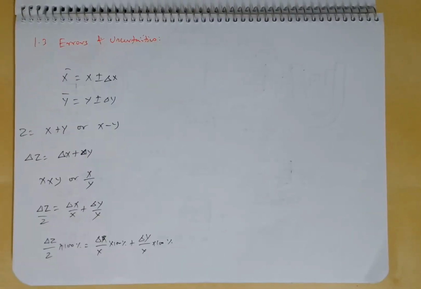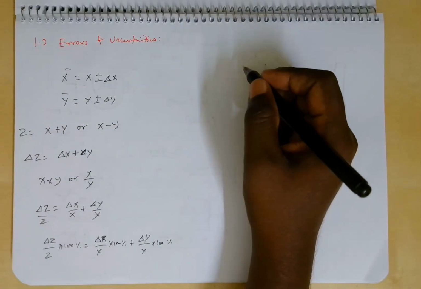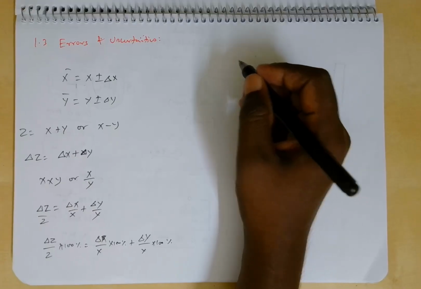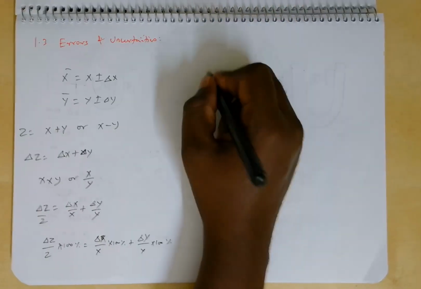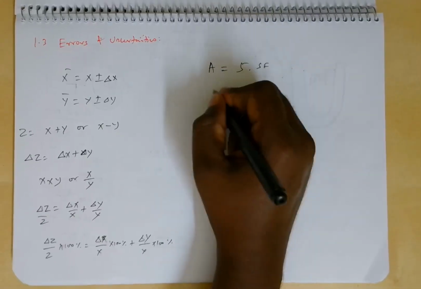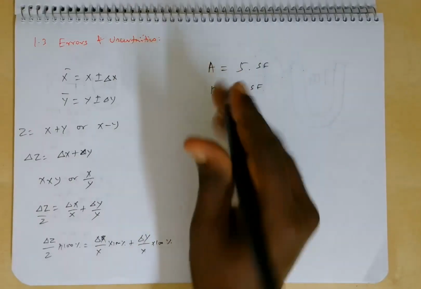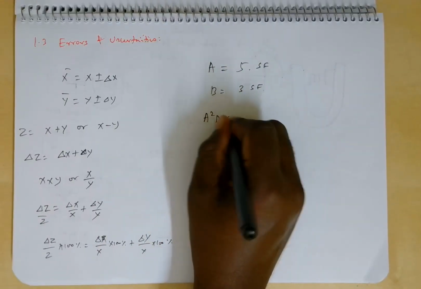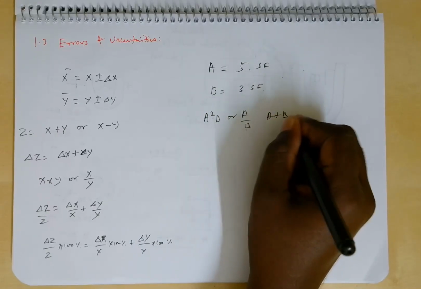Okay. So one more thing, but that's not essential. Adding to the significant figures, they don't ask this type of questions in AS and A level physics. But let's say that A has 5 significant figures, B has 3 significant figures. You are doing some combination of A, maybe A square B or A divided by B or A plus B, whatever it is.